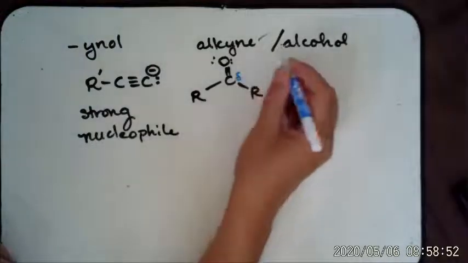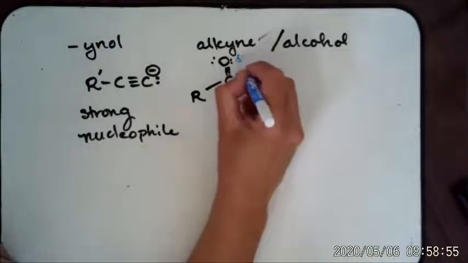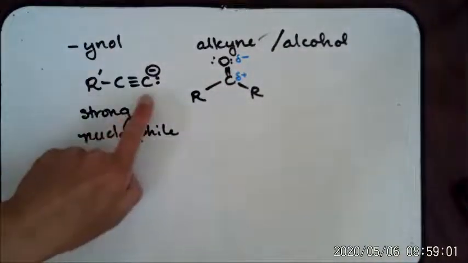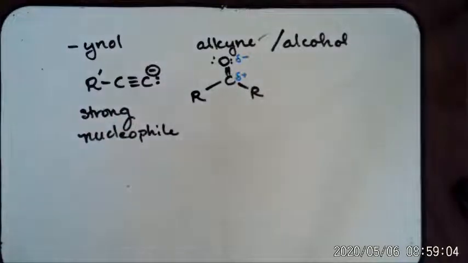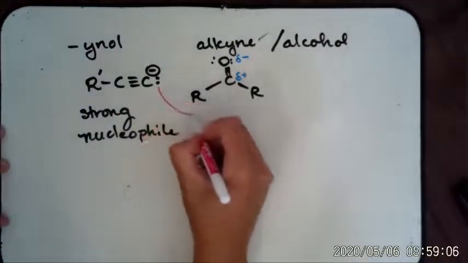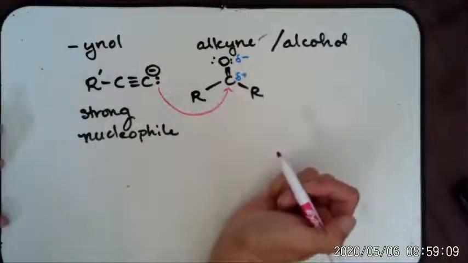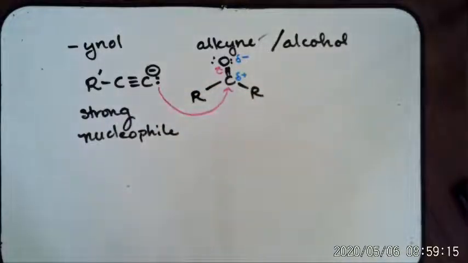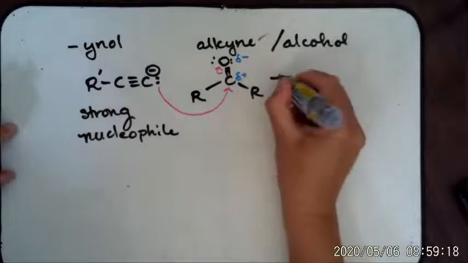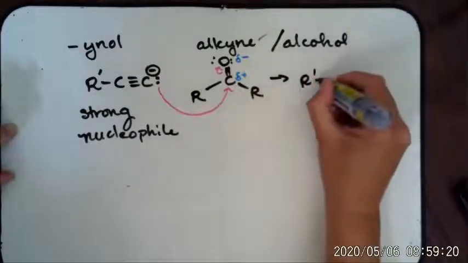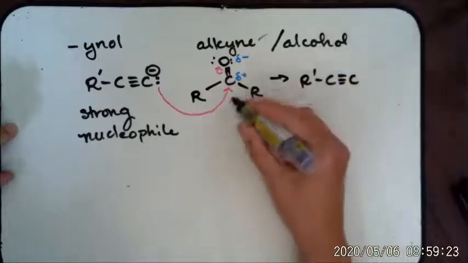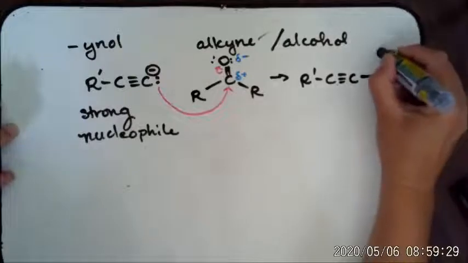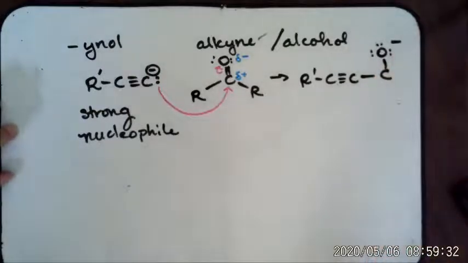We know the carbon on a carbonyl is slightly positive and the oxygen is slightly negative. Now this is such a strong nucleophile and a full negative charge that it will be attracted to this carbon. And these electrons get kicked out. So what we form is a carbon-carbon bond here, and the electrons went on the oxygen there, so that's a minus.